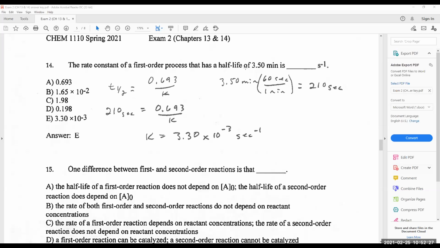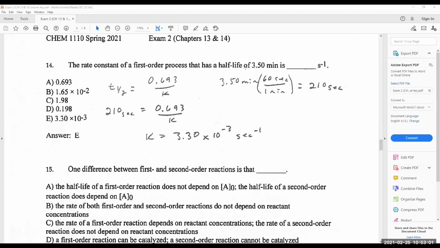We're told that it's a first order reaction, has a half-life of 3.50 minutes, and we want to know what that constant is. So for first order, we know that the half-life equals 0.693 divided by K.